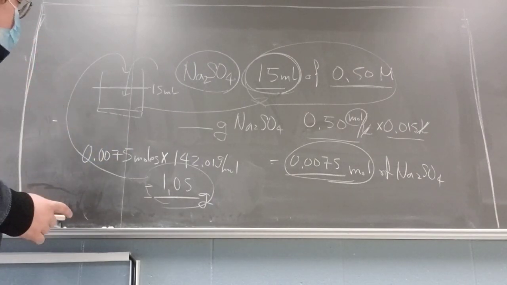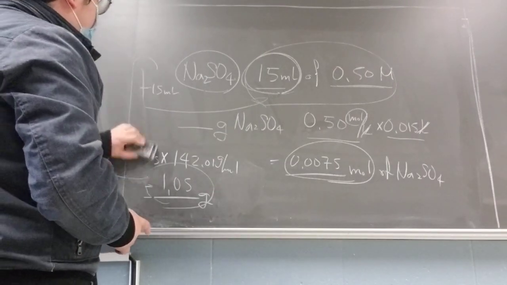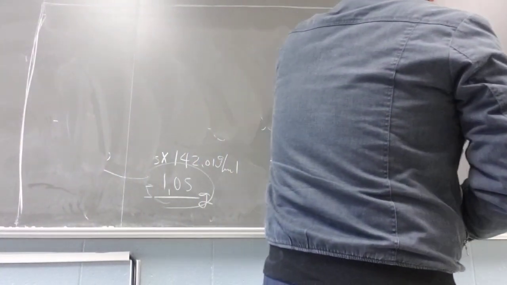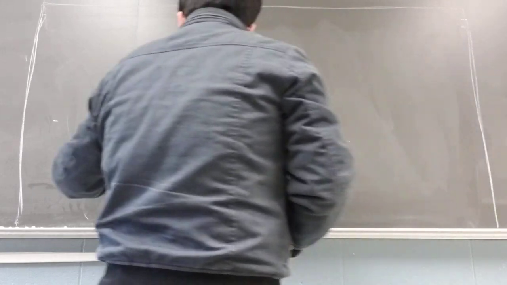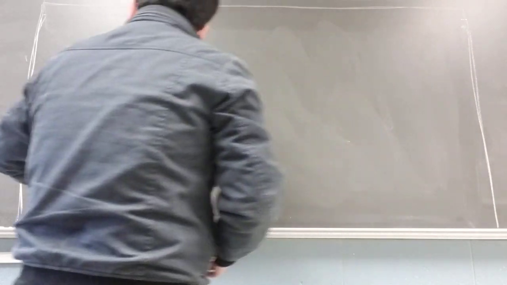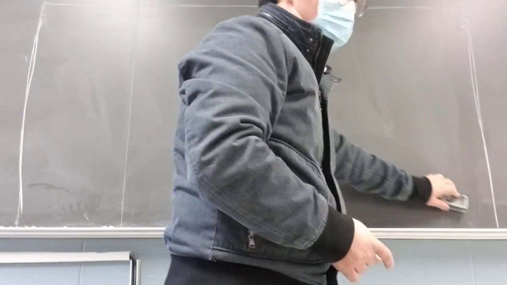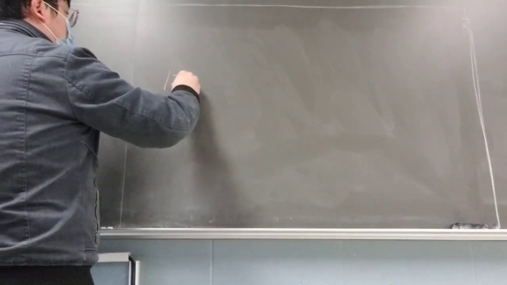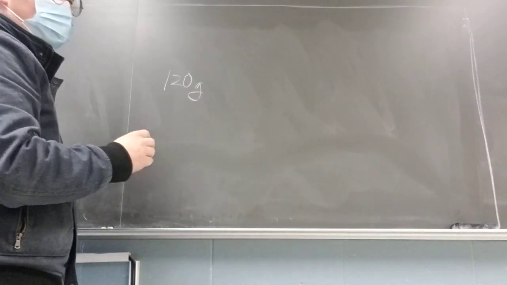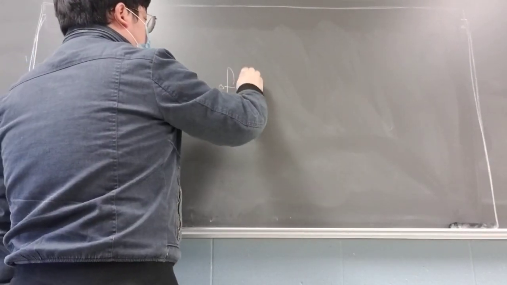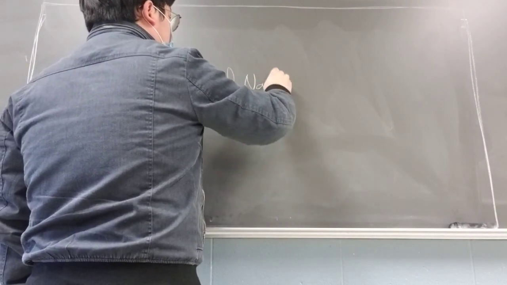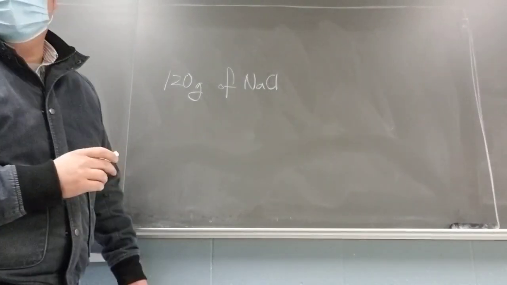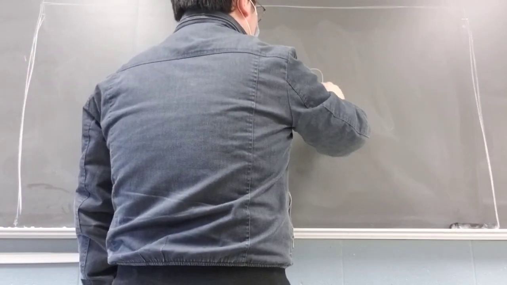So let's do one more together. Okay. So you have 120 grams of NaCl, and then you try to put this in the beaker.